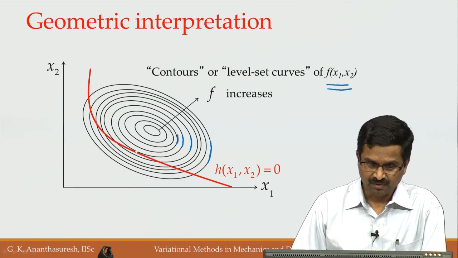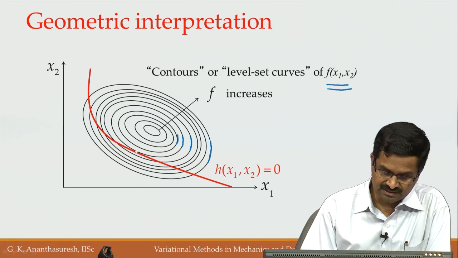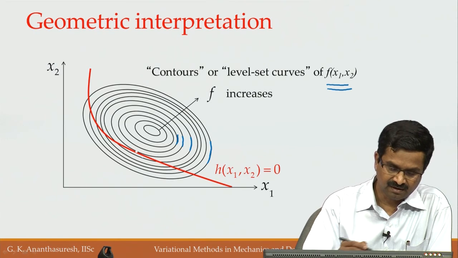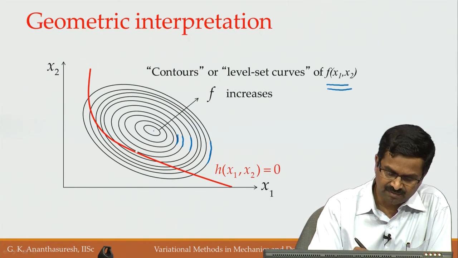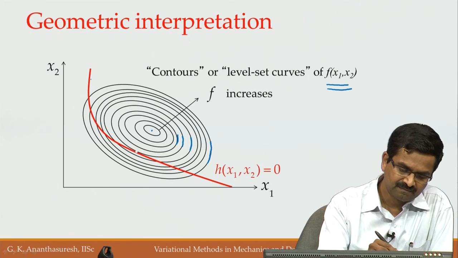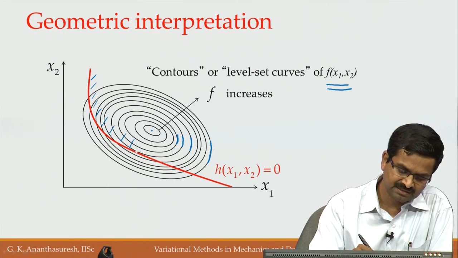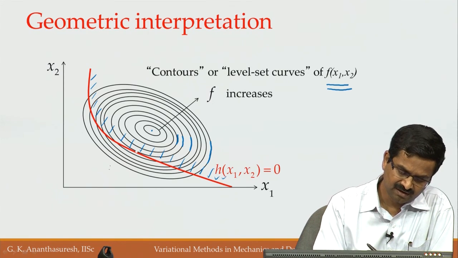Okay. So, in this case, where is the optimum? Because f increases from here, it increases this way, this is the minimum, but let us say the constraint is such that we cannot go on this side of the surface. We have to be only on this side.